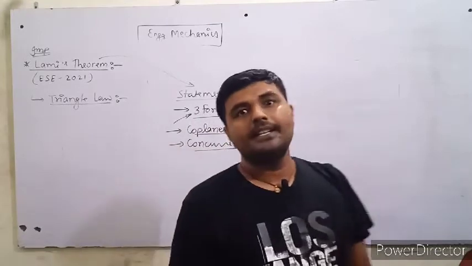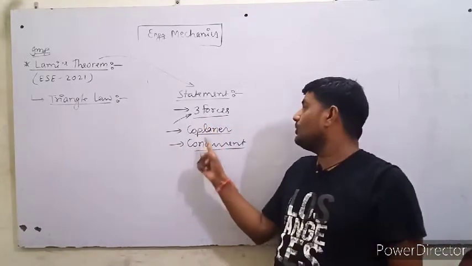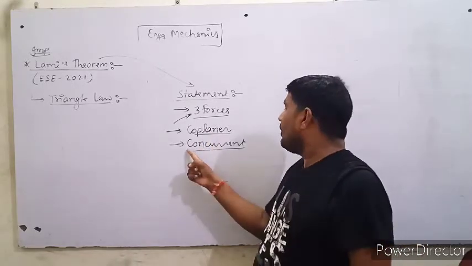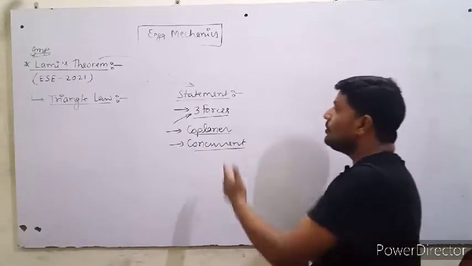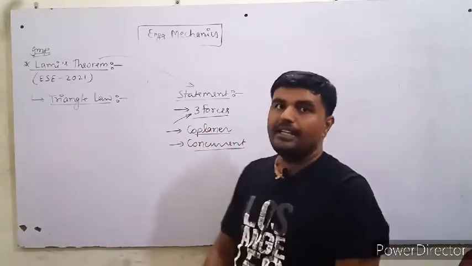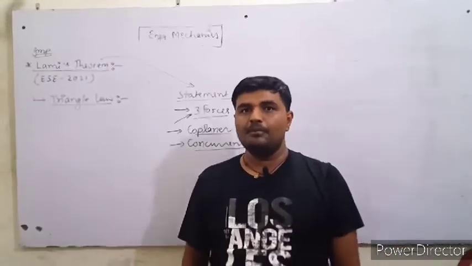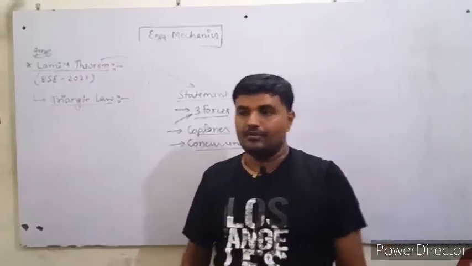I am again repeating students, if 3 coplanar concurrent forces, coplanar means all the forces are acting in the same plane and all the forces are passing through one common point. If 3 coplanar concurrent forces are in equilibrium, then each force will be directly proportional to the sine of the angle between the 2 other forces.